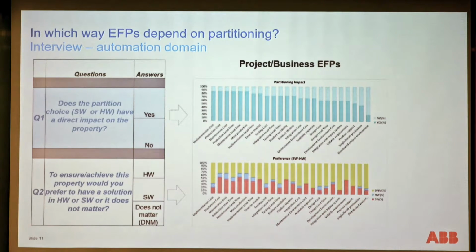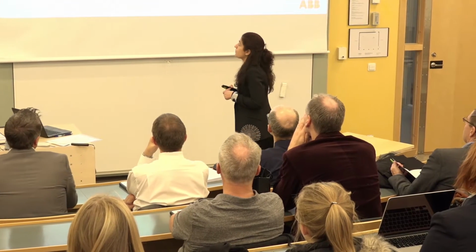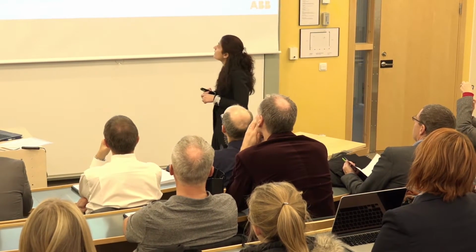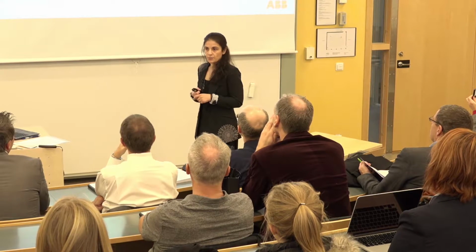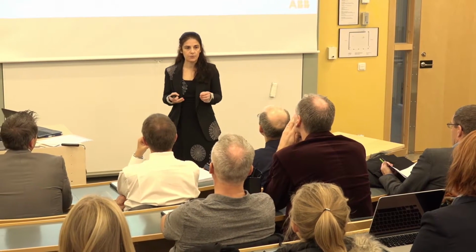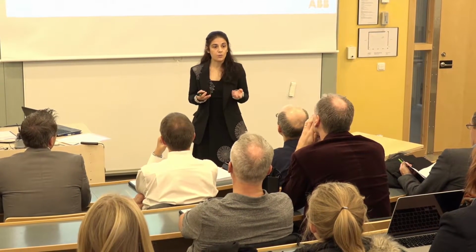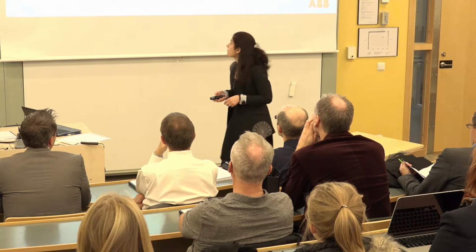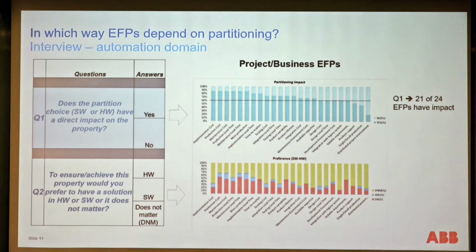For the first question, we got an agreement of over 60% that project business extra functional properties are relevant for partitioning, which is new compared to the state of the art. And for the second question, if we want to achieve these properties, is it better to have a hardware solution, a software solution, or is it not relevant?